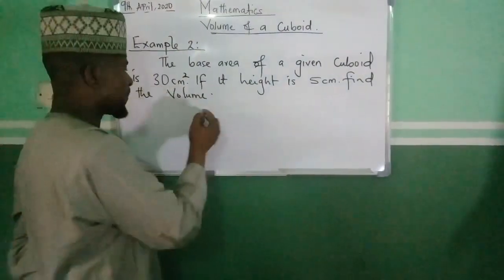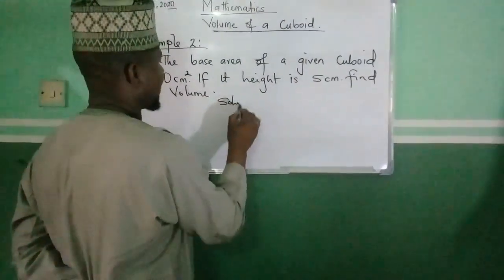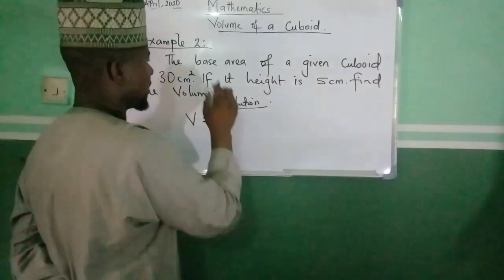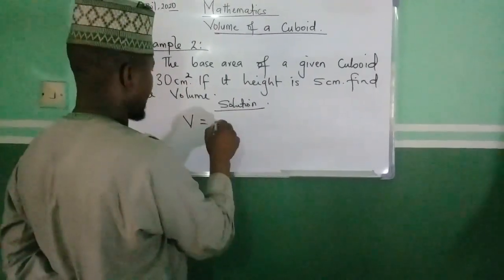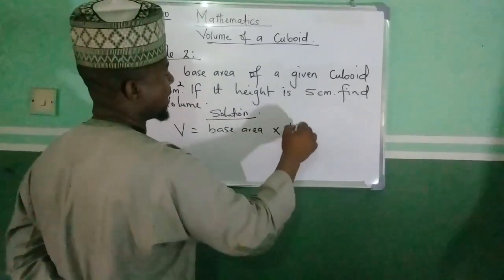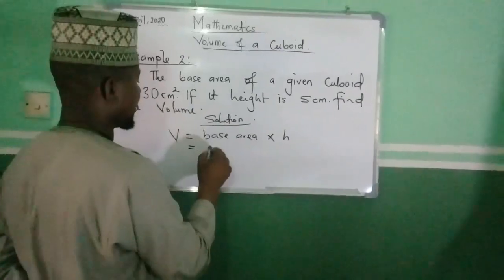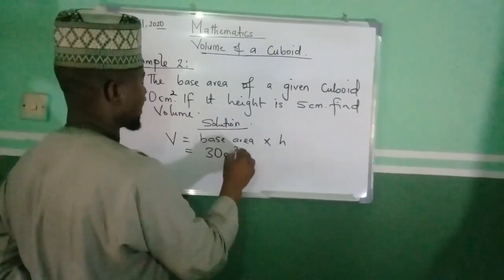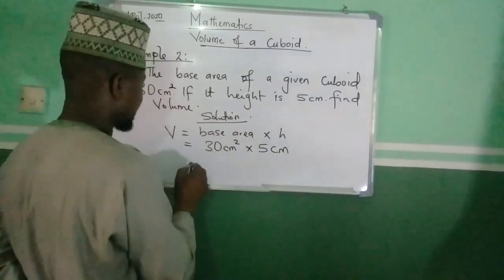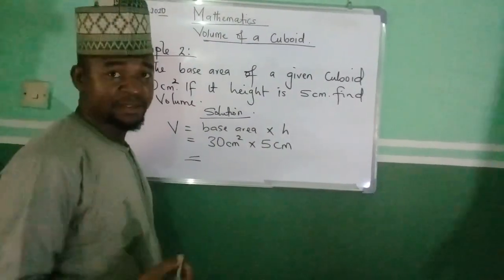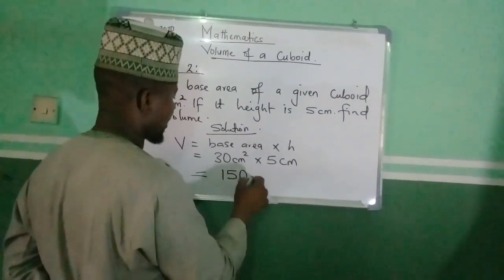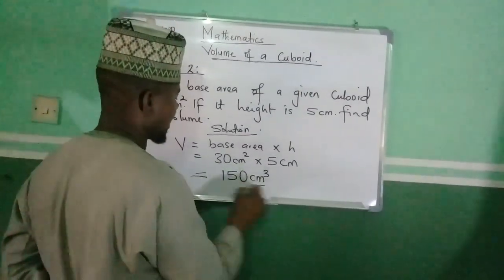By that formula, my solution is the volume is equal to base area multiplied by the height, and this will give me 30 centimeters squared multiplied by the height, which is 5 centimeters. If I am to get the product of this, I expect you to have done this by now. This will give me 150 centimeters cubed.